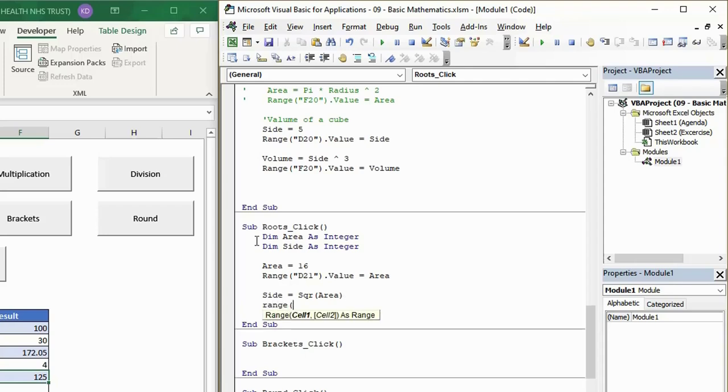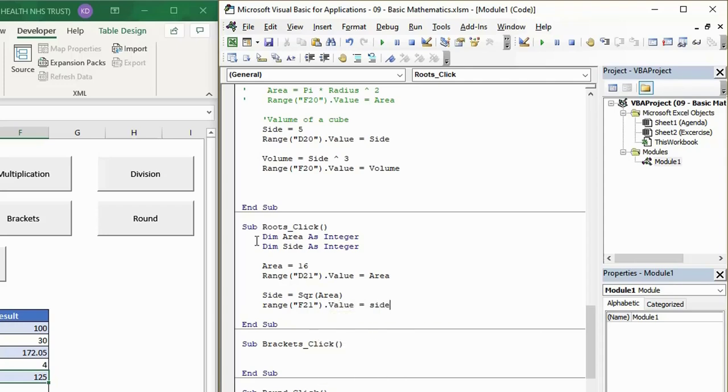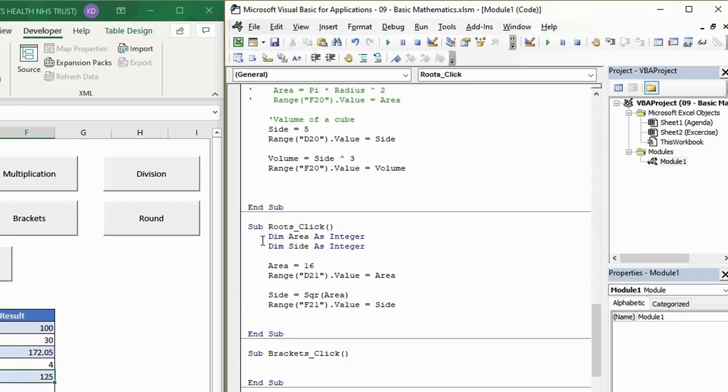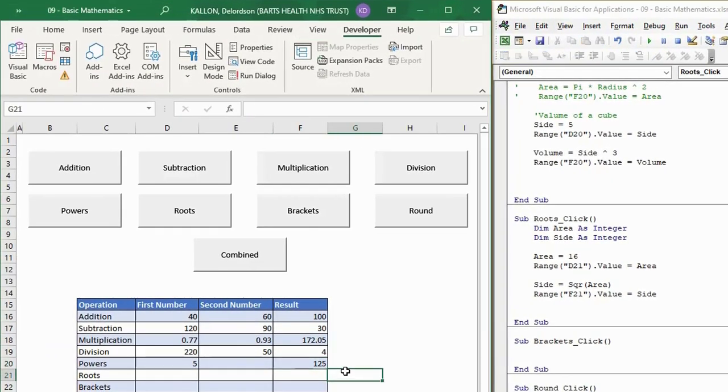Then we can write out our output to Excel. Let's run that code and look at what we get. As you can see, with an area of 16, a side will be equal to 4.